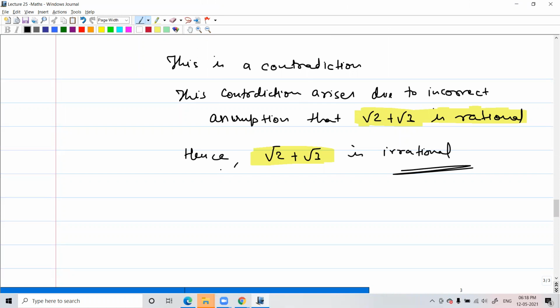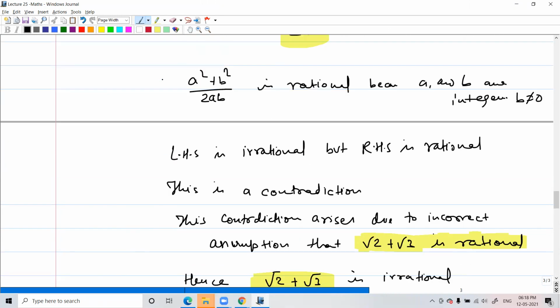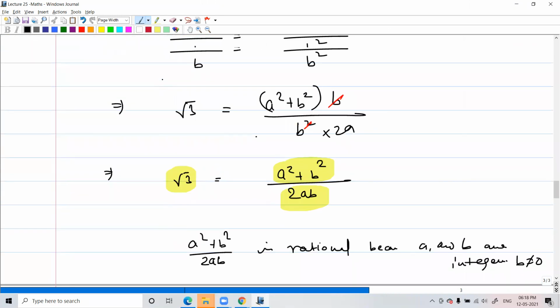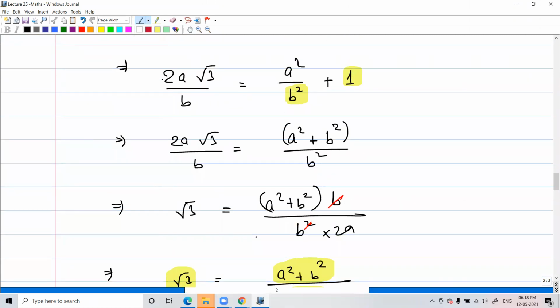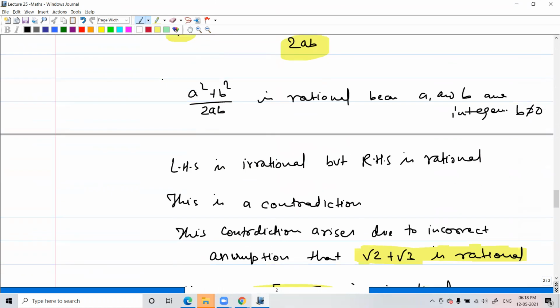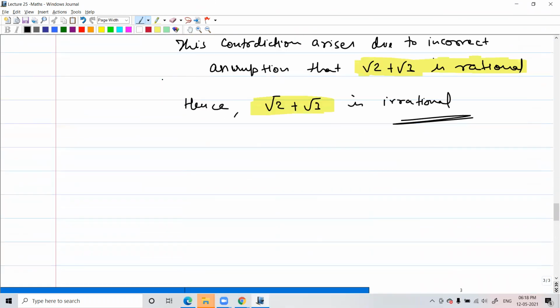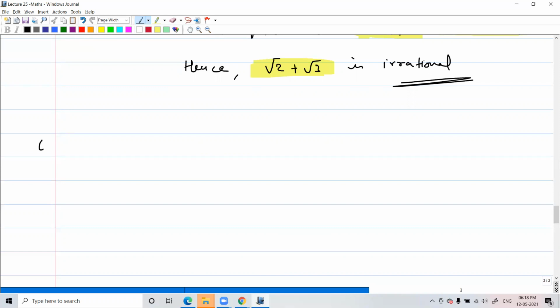All right. Yes, Charan, tell me. Sir, now what if there is one more rational number with that irrational number, like 6 root 2 plus 5 root 3? If both are irrational and they have some rational number with them, something like this.